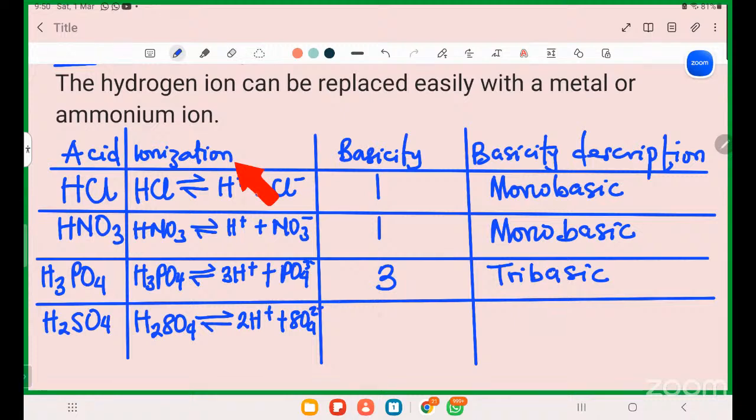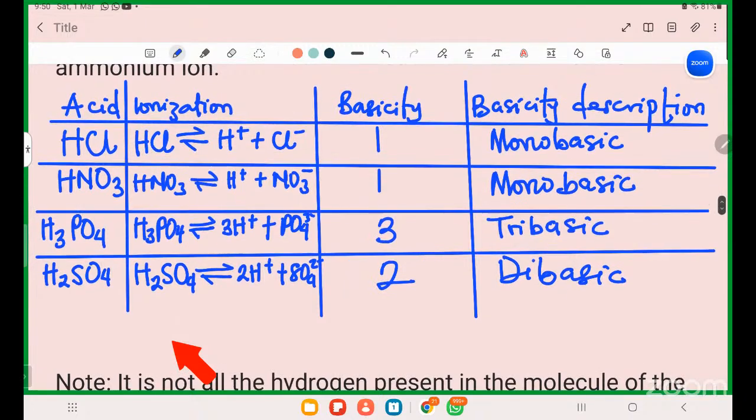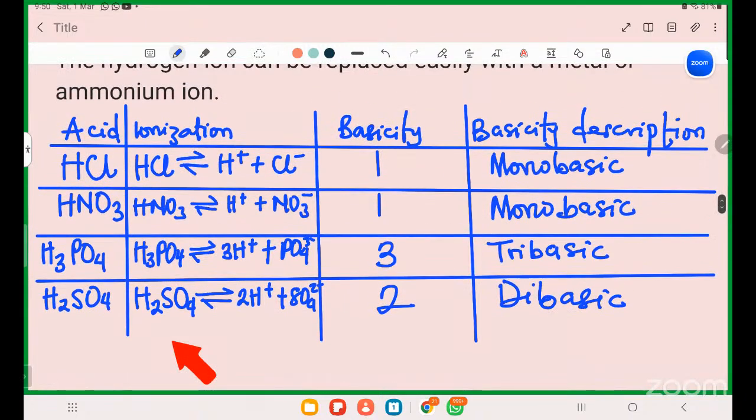So the number of replaceable hydrogen ions there is 2. So for basicity, you say 2, and that is dibasic. They can just give you an acid and ask you what its basicity is, so you should be able to tell.